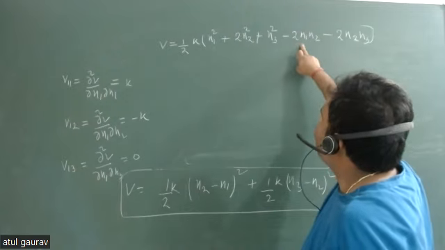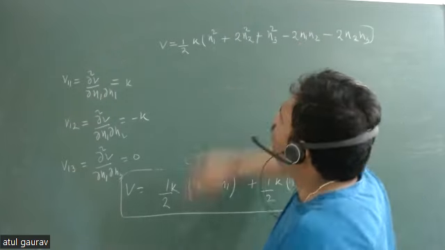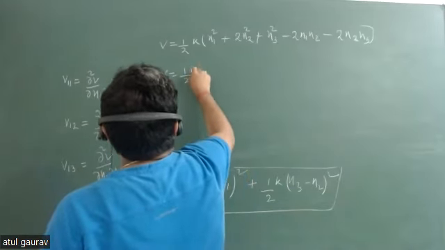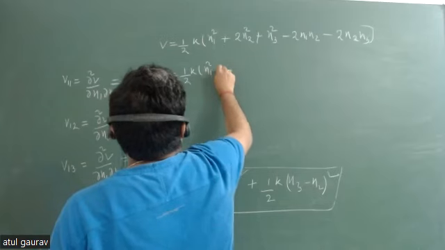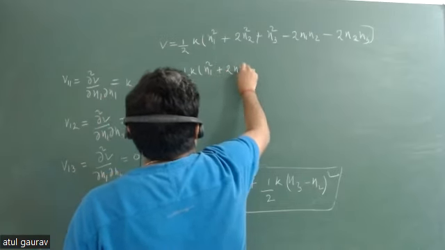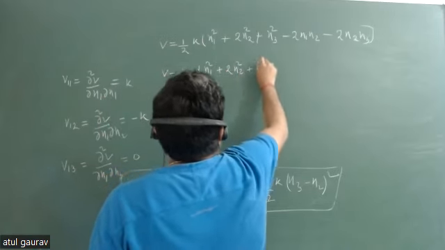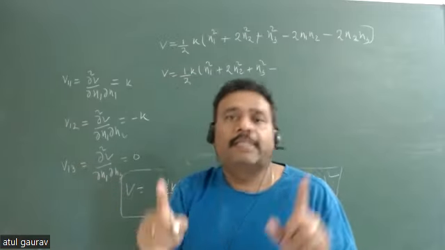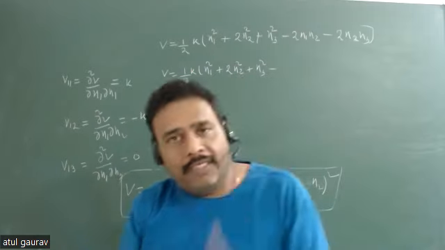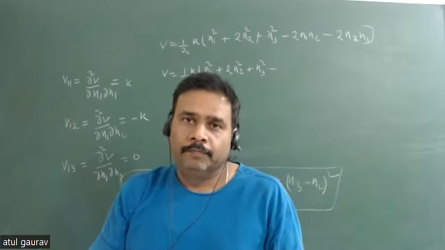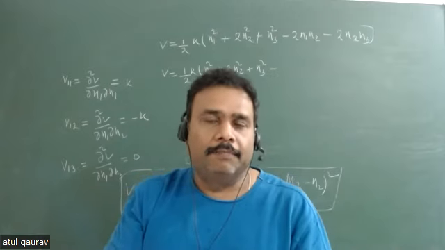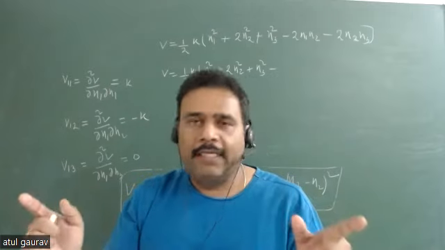But for a physicist, we can rewrite this term as half K eta 1 square, 2 times eta 2 square, eta 3 square. Hence I know my potential energy matrix is symmetric, because the interaction between 1 and 2 and 2 and 1 is the same thing.